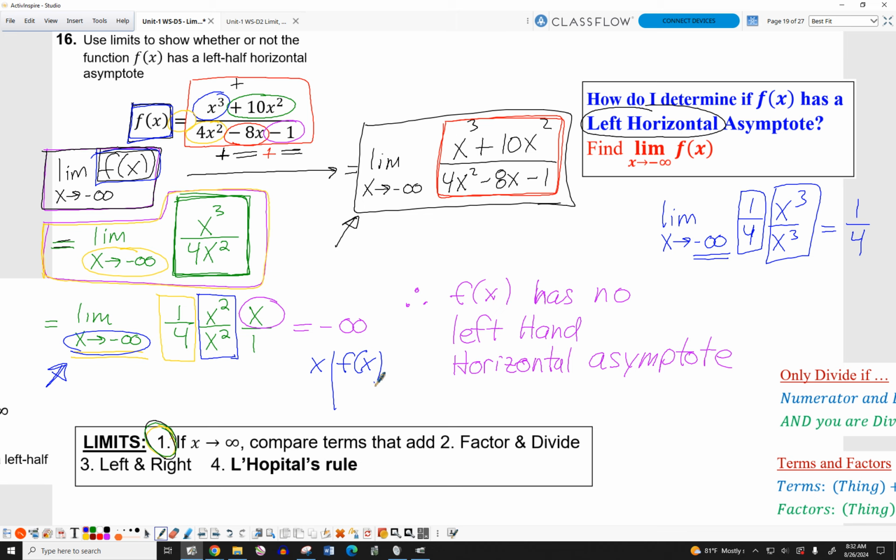Comfortable there? The 1/4 is just going to be 1/4 because there's no x in that yellow box. So just ignore that. It doesn't matter how negative x becomes, this numerator is going to match the denominator perfectly. So that will just always be 1.